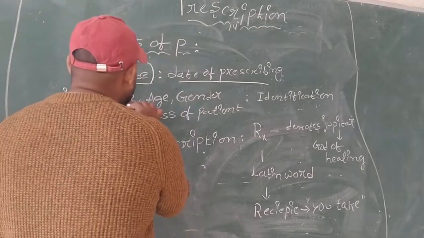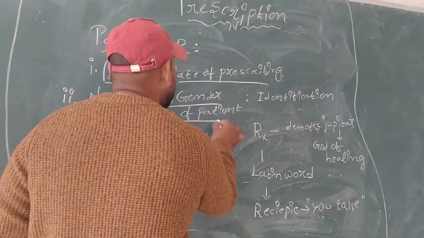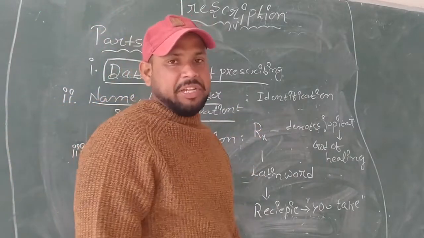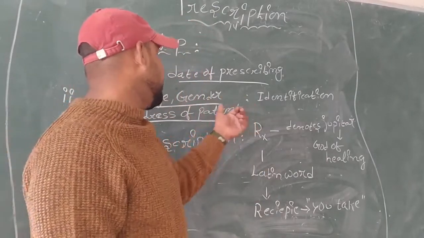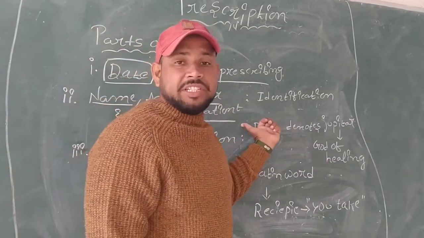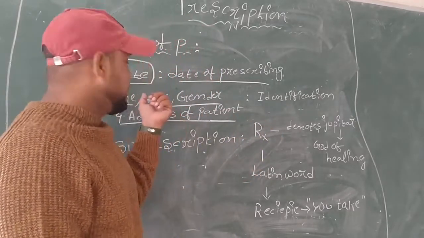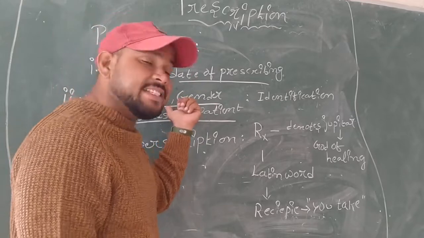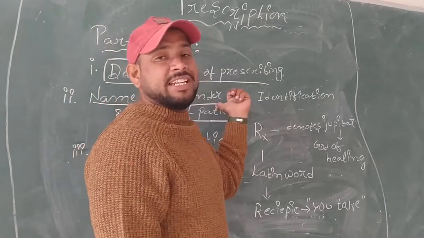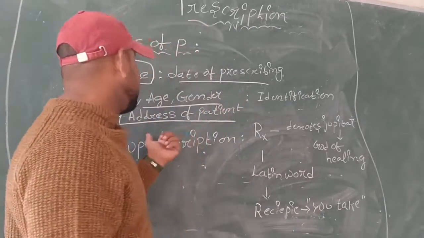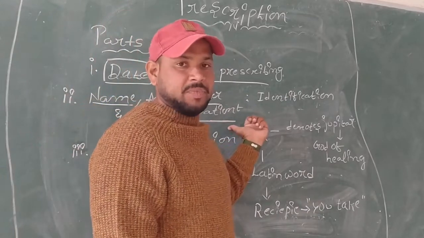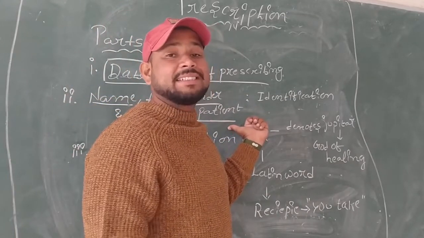And the next one: name, age, gender and address of the patient. This part denotes the name of the patient, the age of the patient, the gender, whether male or female, and the address of the patient.